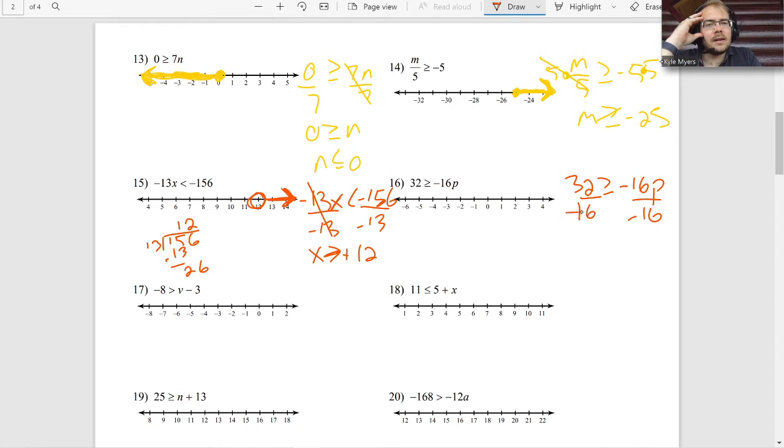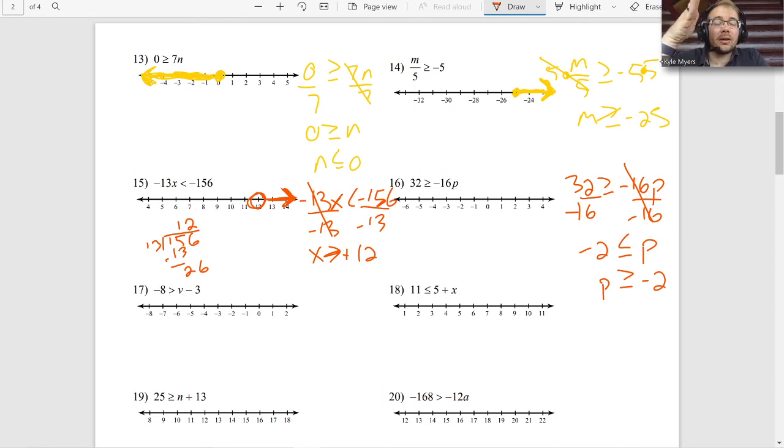Divide by negative 16 on both sides. We have to flip the sign, so less than or equal to. That's going to be a negative 2. But the p's on the wrong side again, so I have to flip that back, basically. So I had to flip it twice, actually. You have to flip the sign if you multiply or divide by a negative, which we did.